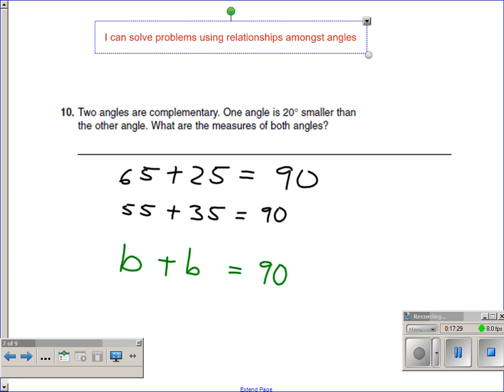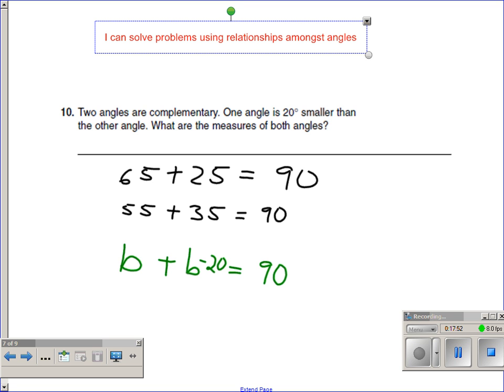So what do I have to show here? B, not plus, minus what? 20. Everybody see that? If we take the angle measure for B and we add that to B minus 20, we'd get this problem. Now, what happens if we have B plus B?